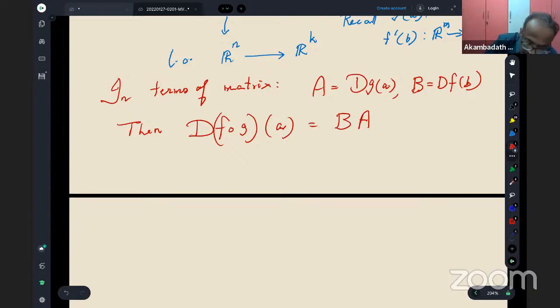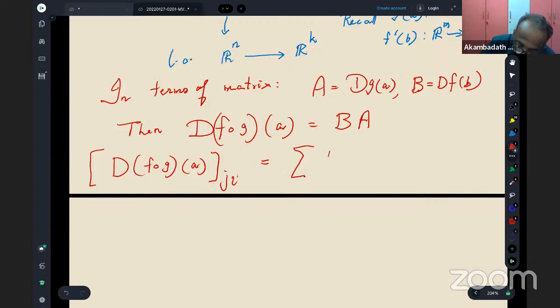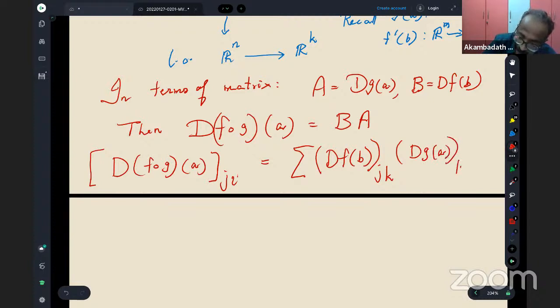Okay. In other words, if you want in terms of the element, you can write the ij element as summation of df_j at b, that is the jk element, into dg at a, the ki element, and k runs from 1 to m.